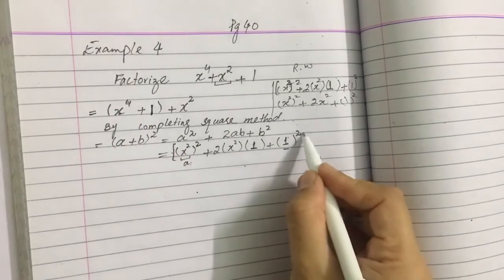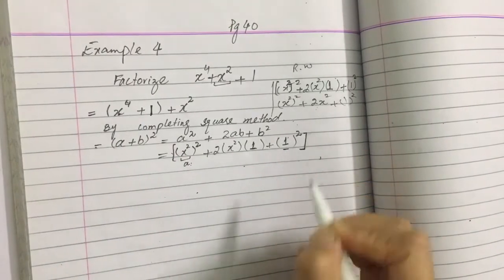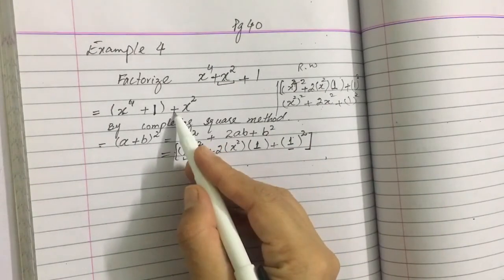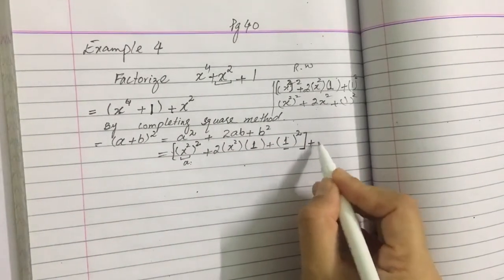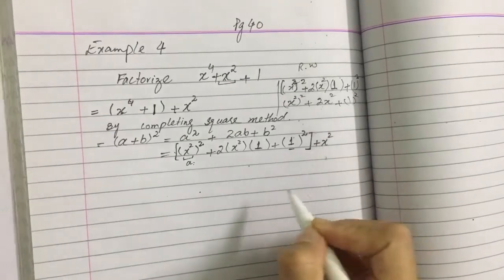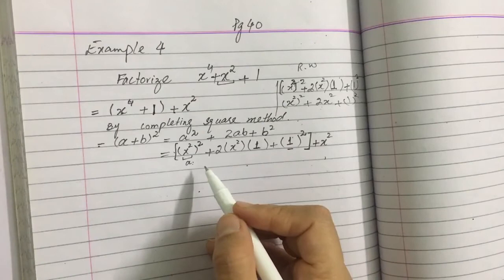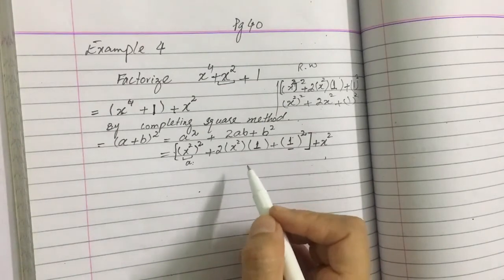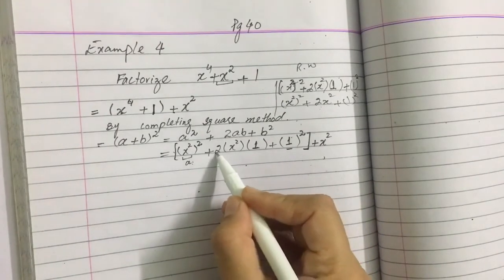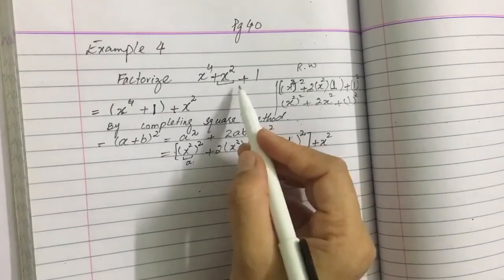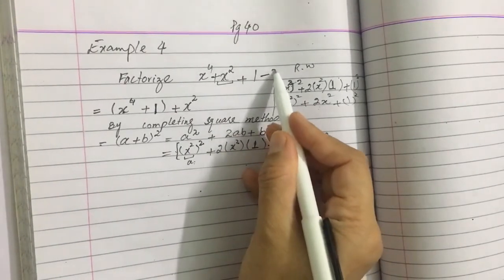I will write this in a square bracket, and the remaining value that was outside the bracket will be written as it is. Now we observe in this algebraic expression that 2x square is not present in the question.